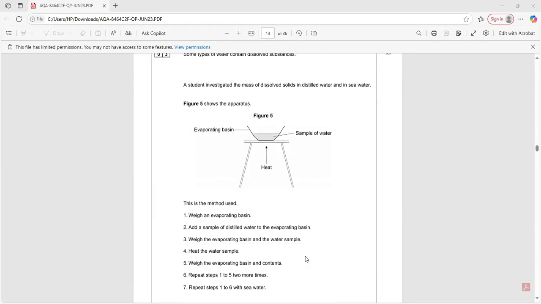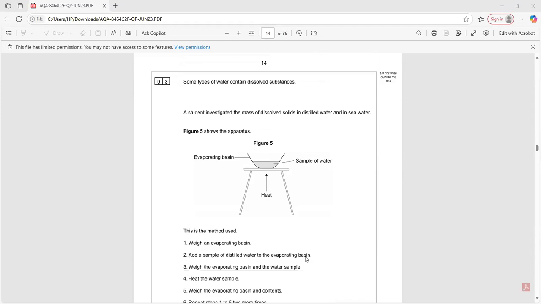Okay, so this one has to do with an experiment. It says some types of water contain dissolved substances too, like salt. Salt could be in water, like seawater. It says a student investigated the mass of dissolved solids in distilled water and in seawater.